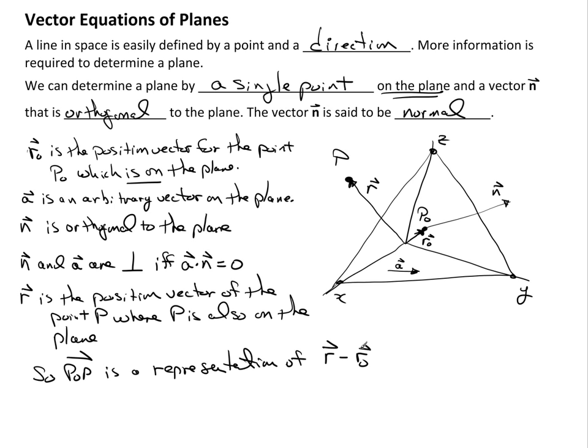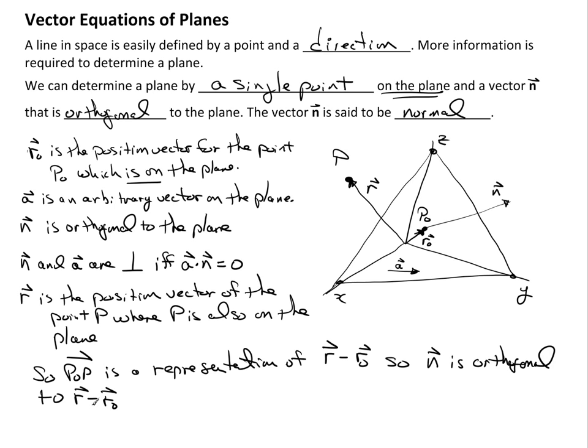Because of that, n is orthogonal to r minus r naught. Remember, r minus r naught, those are vectors.